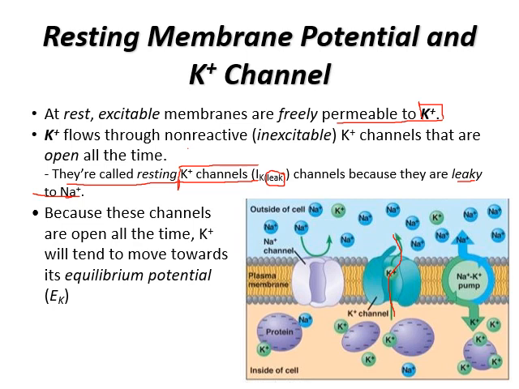You can think about it as amount of channels. If for every 40 potassium channels I have 1 sodium leak channel, I can leak out much more potassium because I have more channels for leaking than sodium. So at rest, we are more permeable to potassium.